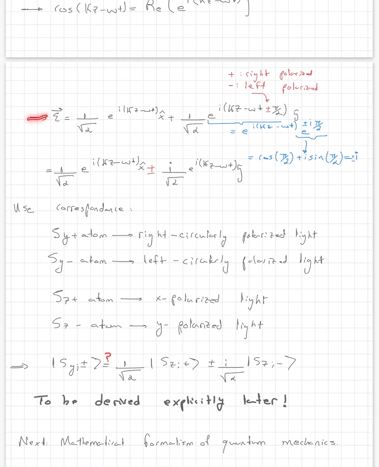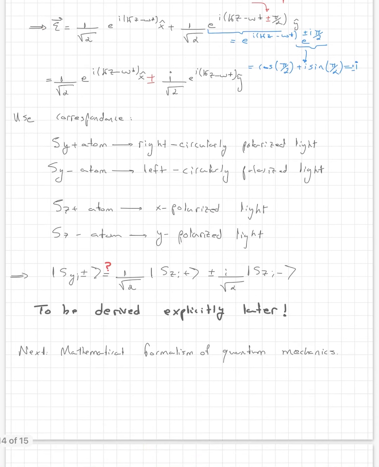So if we write this according to our correspondence, we get that Sy plus or minus is equal to this expression over here, which again we have been able to write as a linear combination of Sz plus and Sz minus. So again, this is a tentative solution that we have used from an analogy of light. We can't take it for a fact, but we will derive it later when we actually study this problem after having derived the mathematical formulation of quantum mechanics.